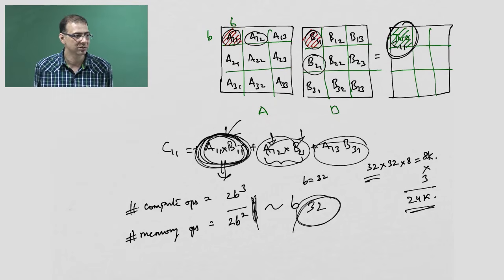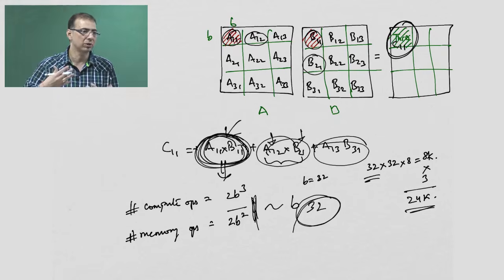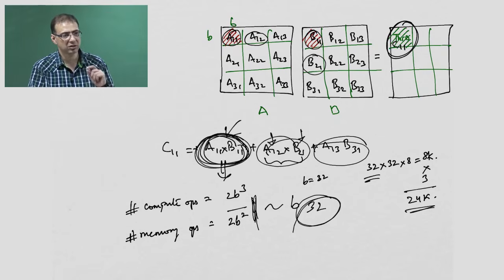So then you have to choose your B accordingly. But then you can completely hide the memory latency behind the computations. So I can interleave instructions in the code to fetch that data into the cache. There are instructions available to prefetch data into the cache. As I said, we are not going to go down to that level, but you can do all those.